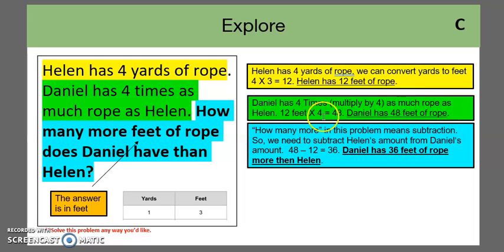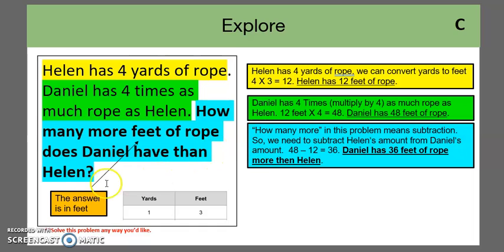The last part of the problem tells us how many more feet of rope does Daniel have than Helen. So when we see how many more, this tells us that we're going to be doing some subtraction. We're going to take the value of Daniel and the value of Helen and subtract, and we get 48 minus 12 gives us 36. Daniel has 36 feet of rope more than Helen.